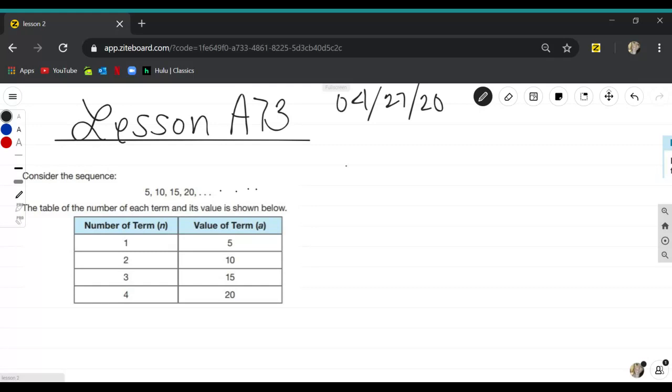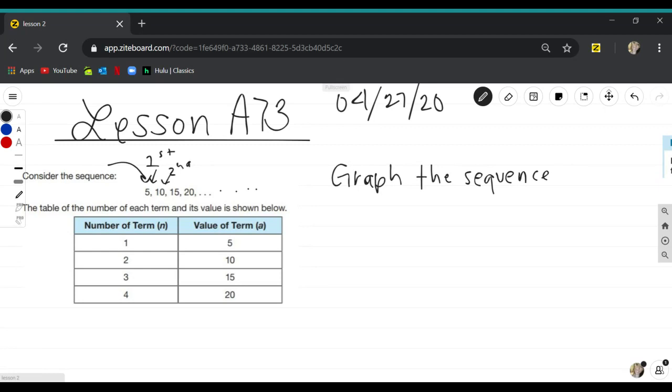So what they want us to do is graph the sequence. So this is a sequence right here. Now it says right here, sequence. So that means that the first term is 5.